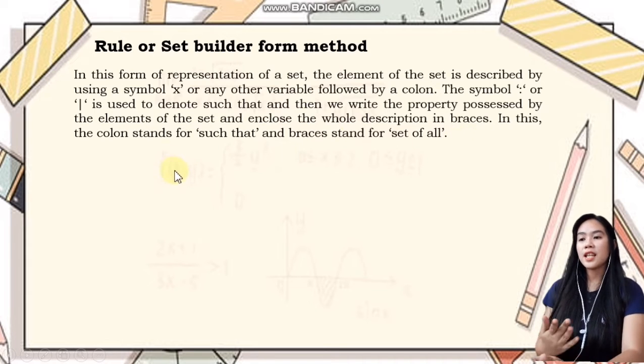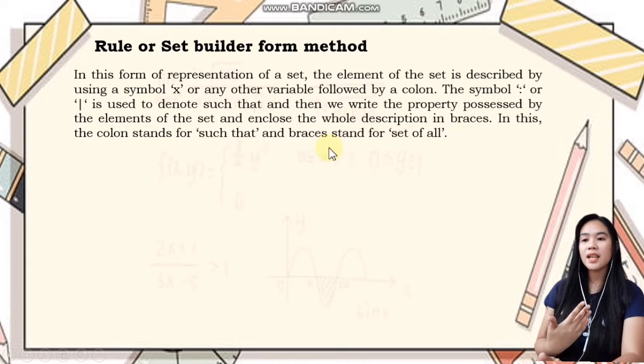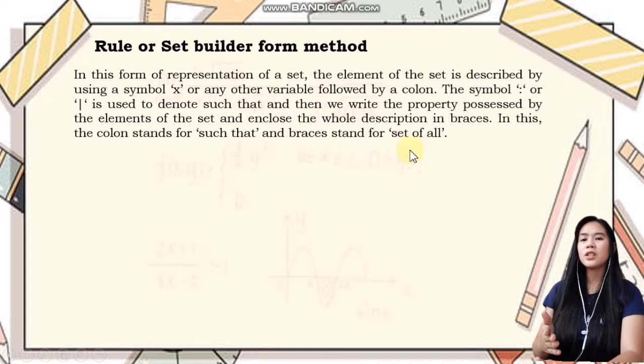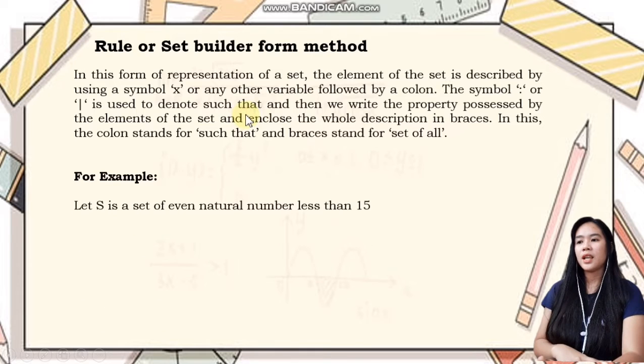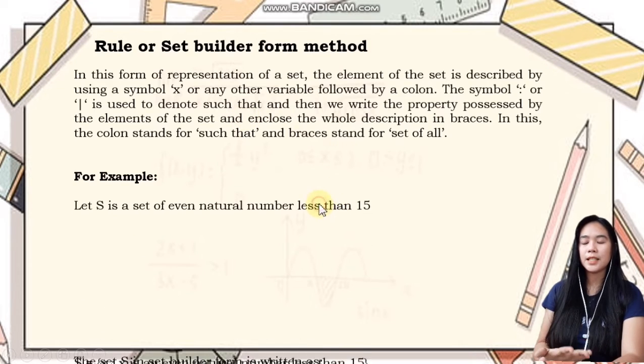In this, the colon stands for "such that" and braces stand for "set of". Also, ayan, naka-enclose pa rin siya sa curly braces. And ginagamitan siya ng symbol na colon or like this para to denote "such that", and the braces stand for "set of all".